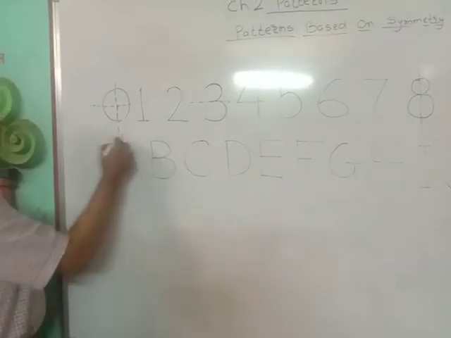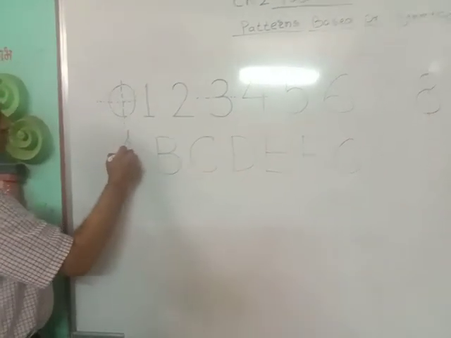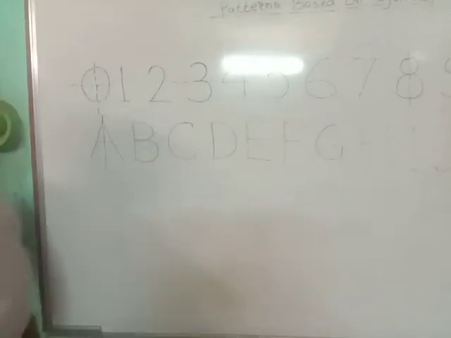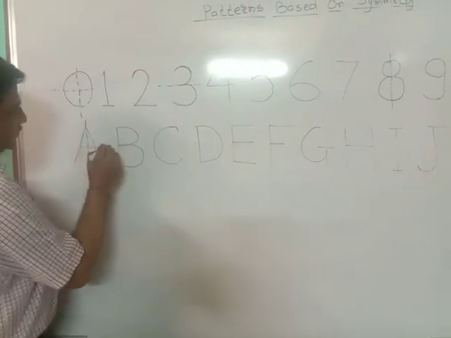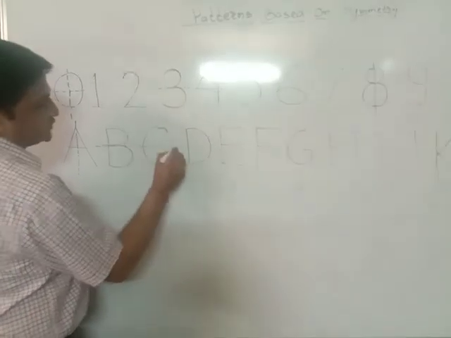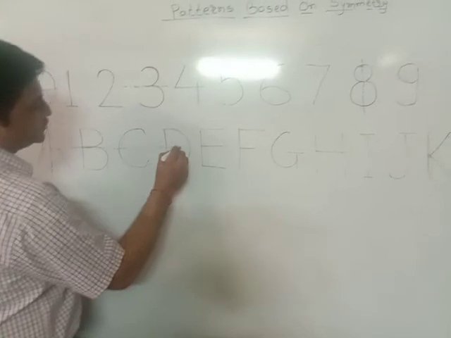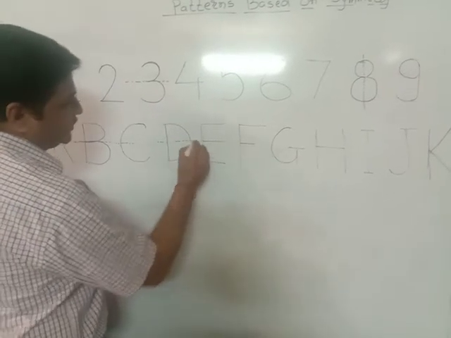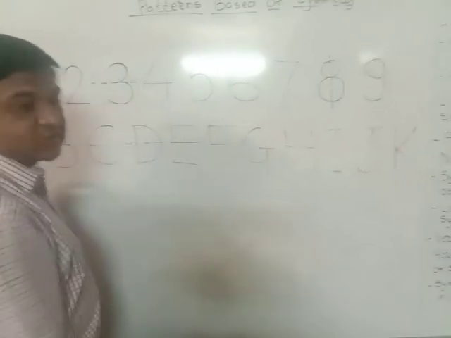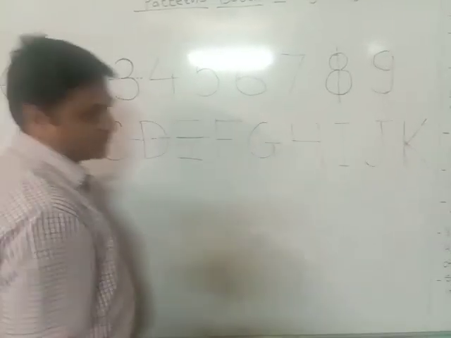What about the alphabet A? If I draw a vertical line through the point of A, it can be divided into two equal parts. So A is symmetric. B is symmetric about the horizontal line. C about horizontal. D about horizontal line of symmetry. E is also symmetric about a horizontal line of symmetry. F is not symmetric. G is not symmetric.